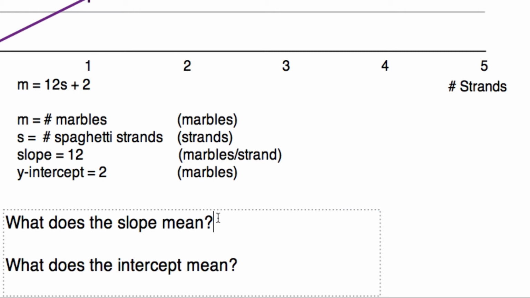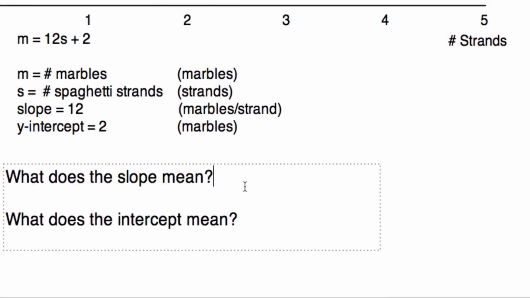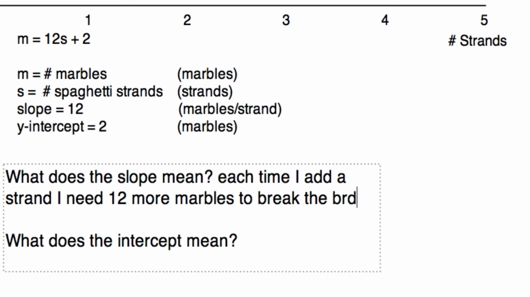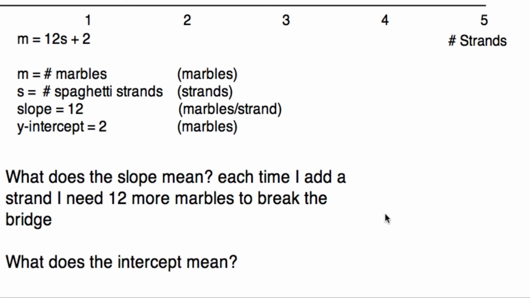We must always ask, what does the slope mean? In this case, in our lab, what we realized is the slope is each time I add a strand, I need 12 more marbles to break the bridge, which is great.